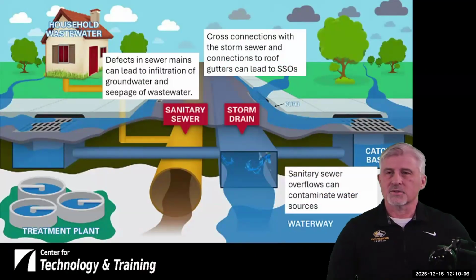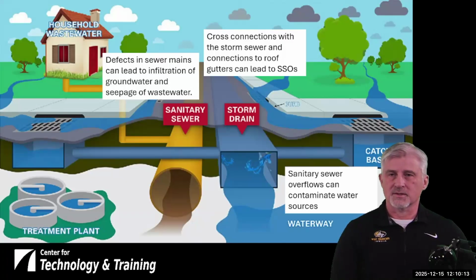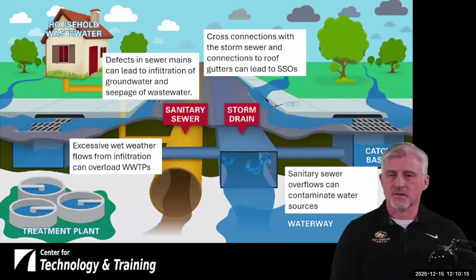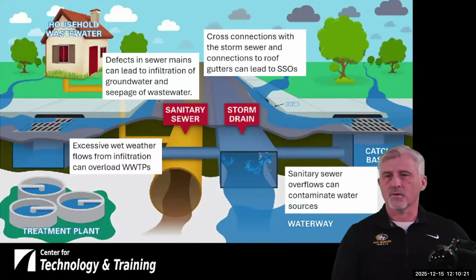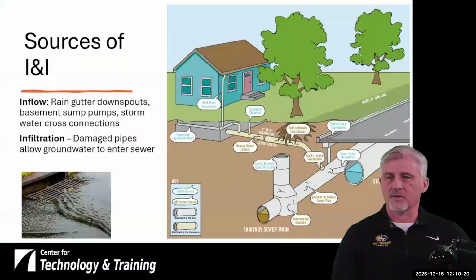We can also see sanitary sewer overflows that contaminate water sources, lakes, rivers, streams of that nature. And excess wet weather flows from infiltration can overload those wastewater treatment plants and lagoons. They just weren't designed to handle the amount of water we might be sending to them.